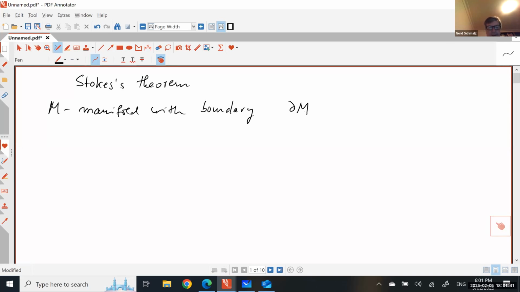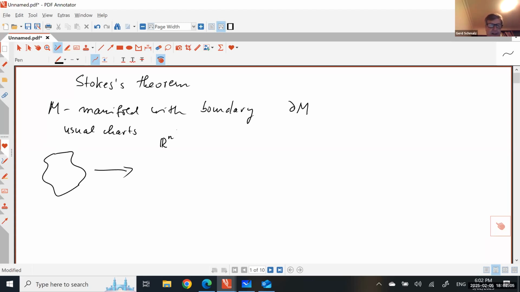So what does it mean, a manifold with boundary? We have two kinds of charts. We have usual charts, which is some open set in our manifold, which is mapped into some domain in R^n.